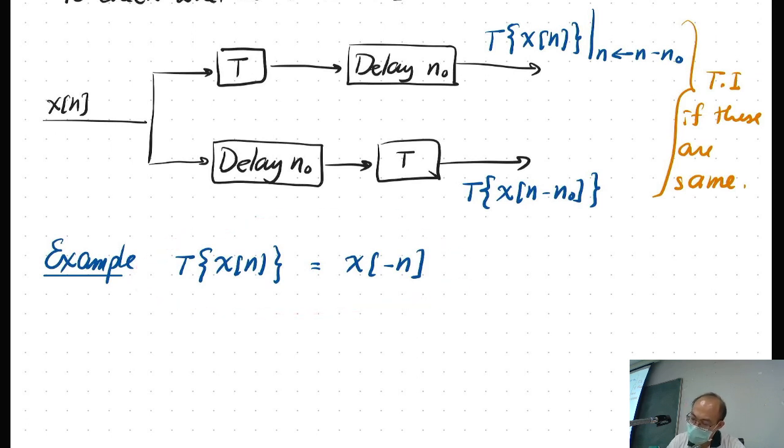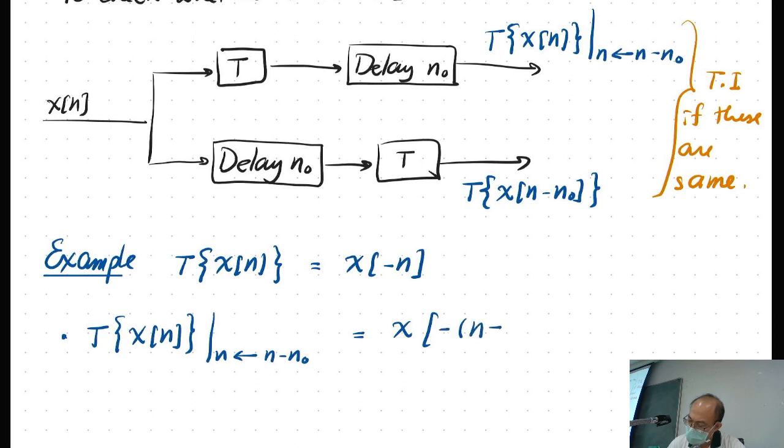So let's look at these signals. Let's look at the upper path. T of x[n], and then replacing n with n minus n0, would be x of minus (n minus n0), and that would give you x of minus n plus n0.